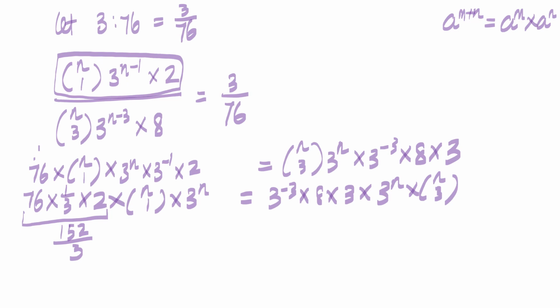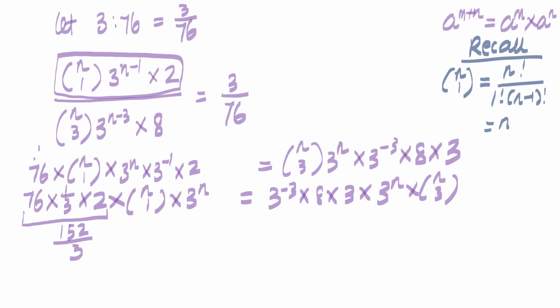Right, and something to mention about nC1. We recall what we have learned earlier regarding the combinations formula. So nC1 is just n. It's n factorial over 1 factorial times n minus 1 factorial. So n factorial is just n times n minus 1 factorial. If you have forgotten why, please look at the video that I've done on befriending the combinations formula.